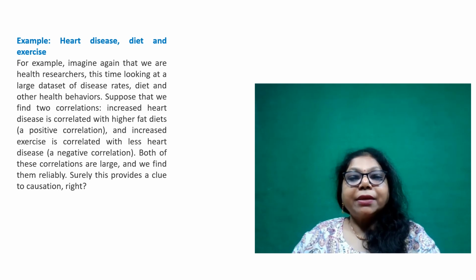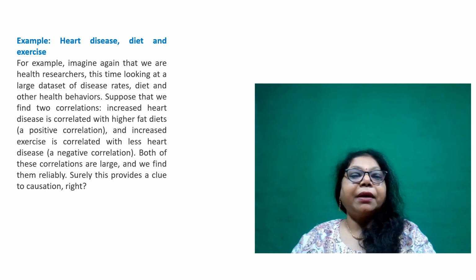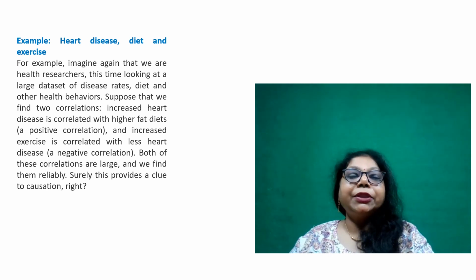Perhaps we find a mechanism through which higher fat consumption is stored in a way that leads to a specific strain on the heart. We might also take a closer look at exercise and design a randomized controlled experiment which finds that exercise interrupts the storage of the fat, thereby leading to less strain on the heart.